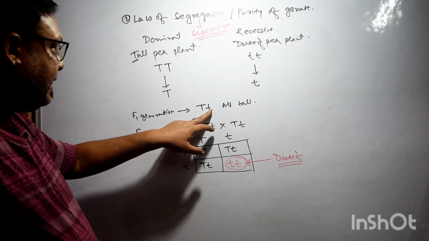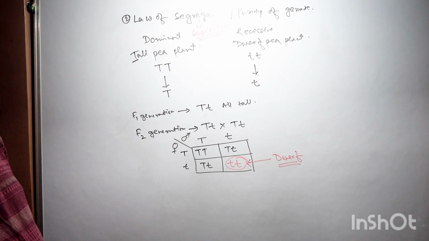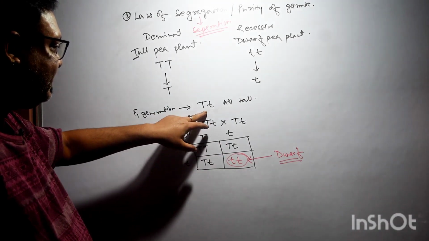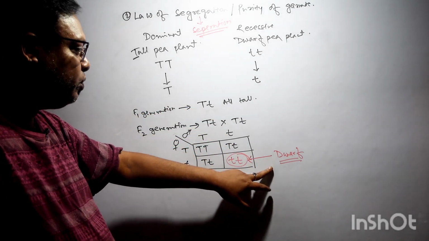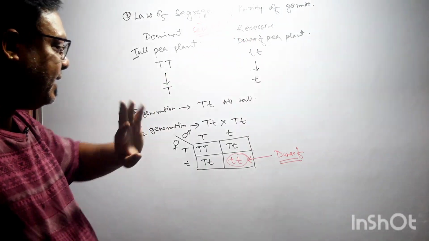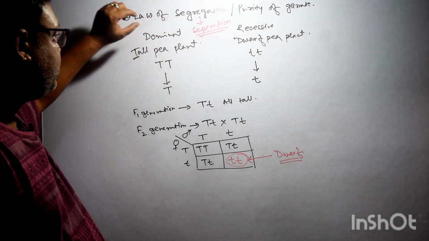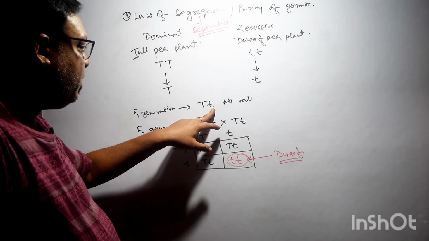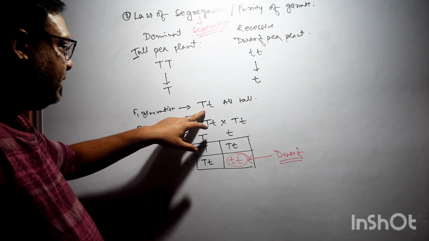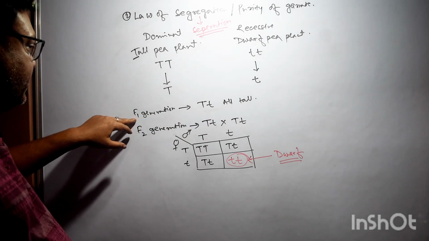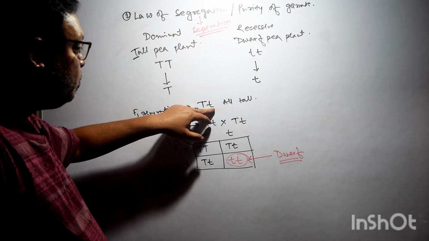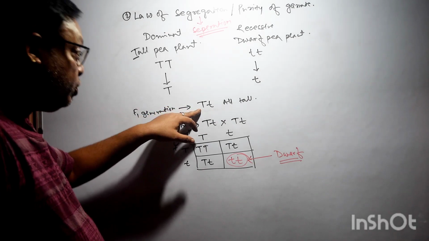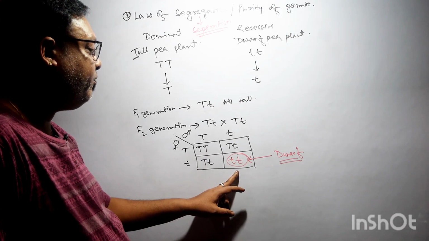So we can see that as soon as the small t segregates itself from capital T, it shows its own dwarf character. This is why it is known as law of segregation. And while the small t remains with capital T in F1 generation, it does not blend or lose its character to capital T, so it is able to show its own character in F2 generation.